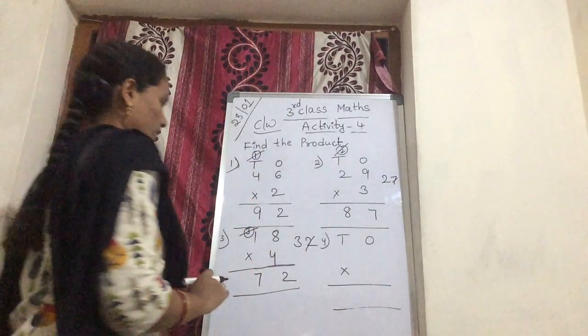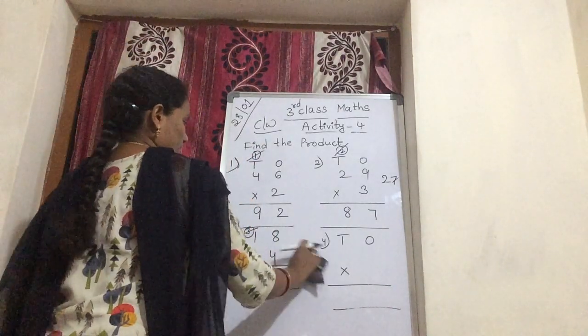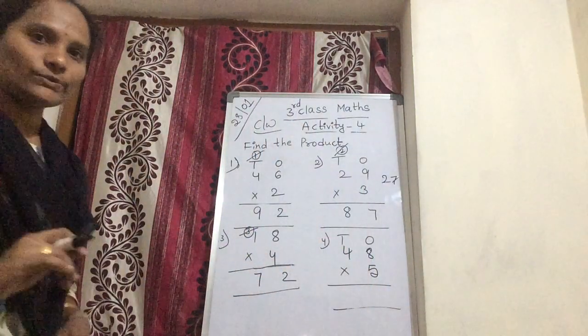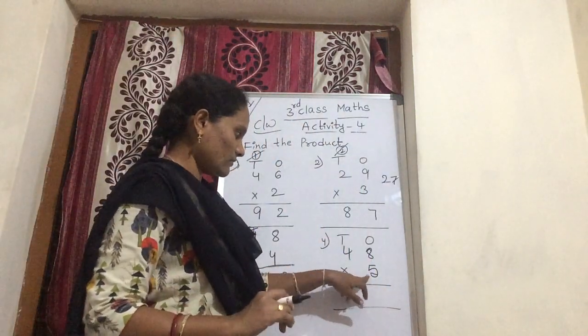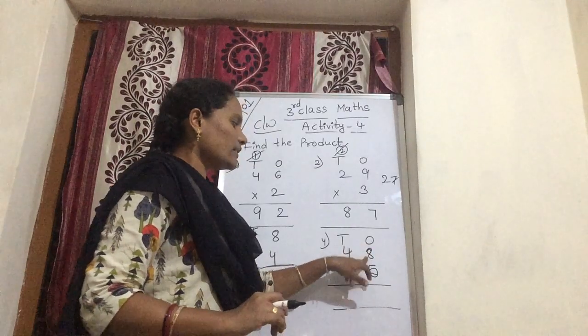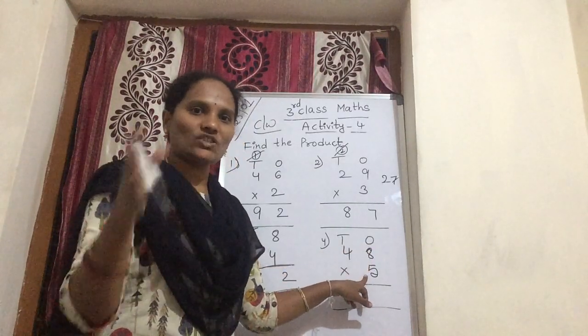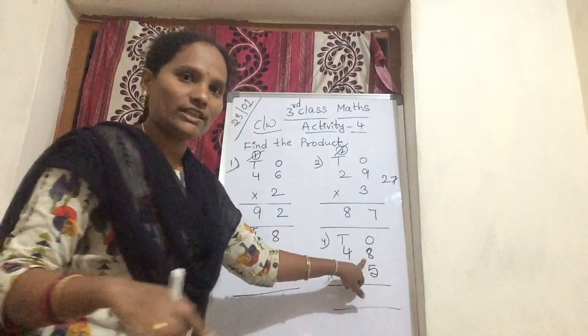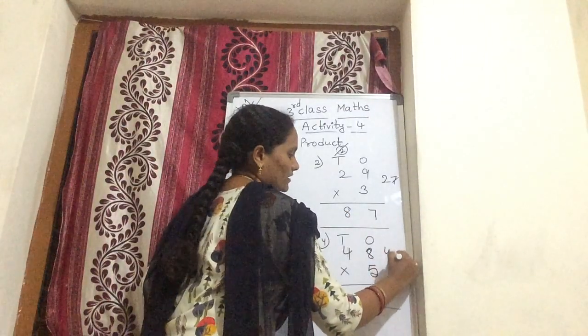You get 72. Now next one more, Amma. 48 into 5. Now you multiply the ones first. Do you know the 5 table? Read it, children. 5 8s are 40.